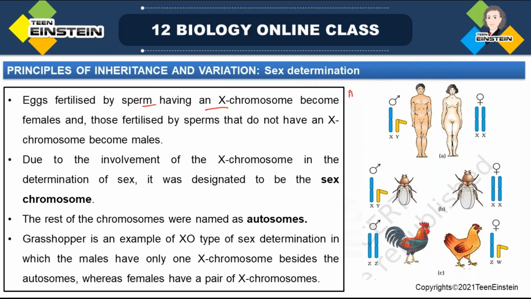We said autosomes are the chromosomes which determine the other characters. These autosomes plus the X chromosome.